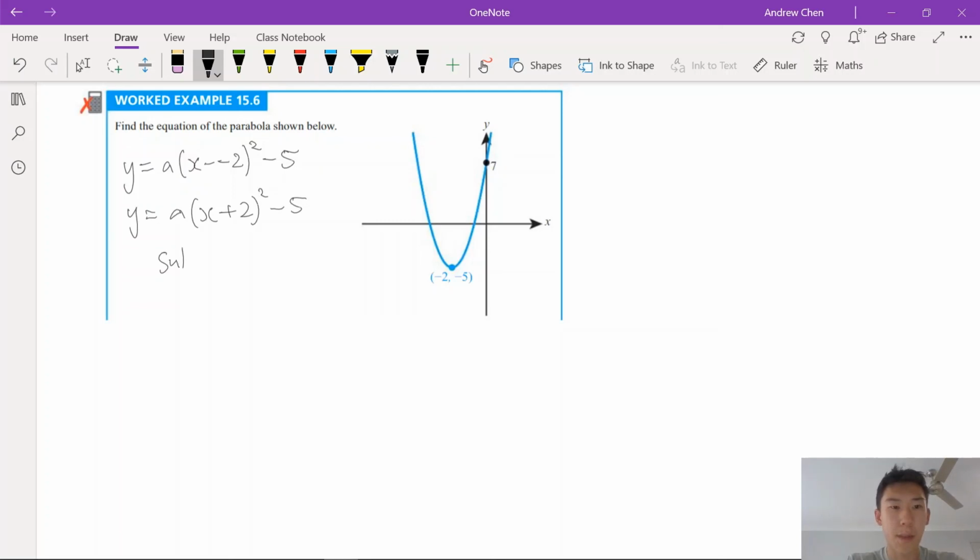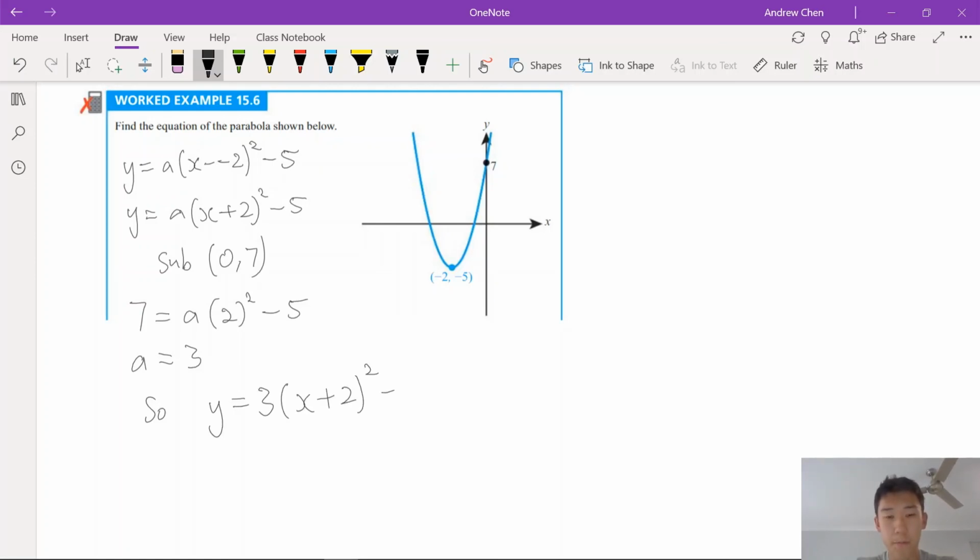So we sub in another point, so sub in (0, 7). So we have 7 equals a(2) squared take 5. We can solve this in one go. So 12 divided by 4, a equals 3. Therefore y equals 3(x plus 2) squared take 5.